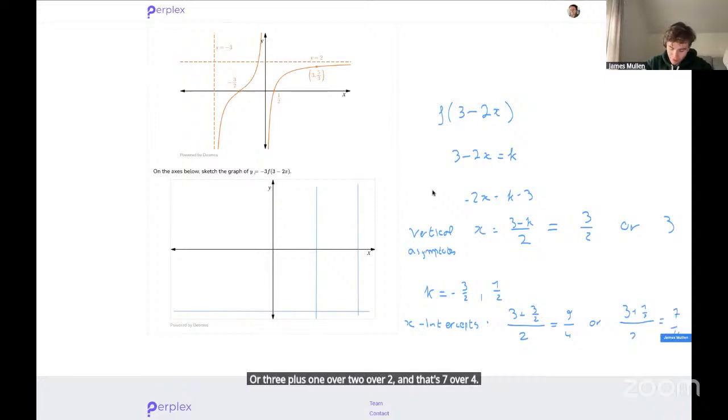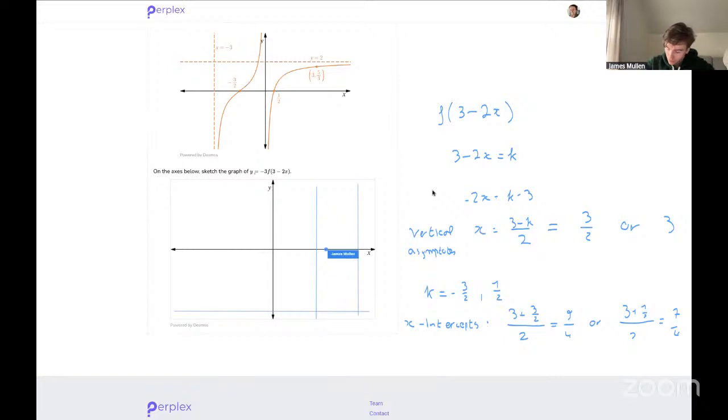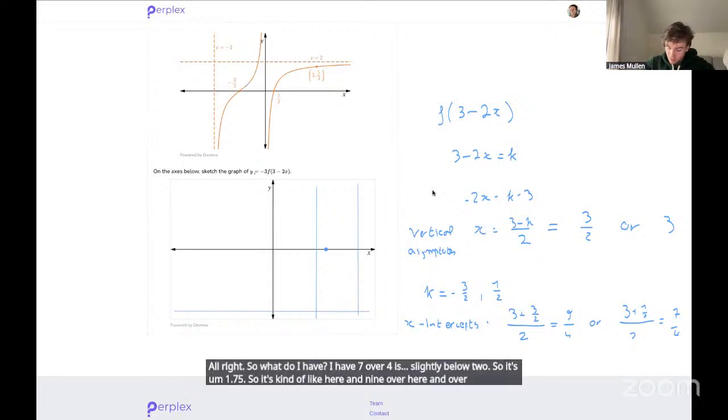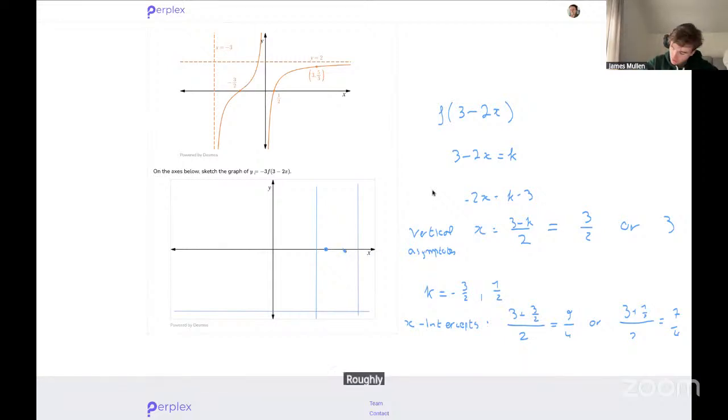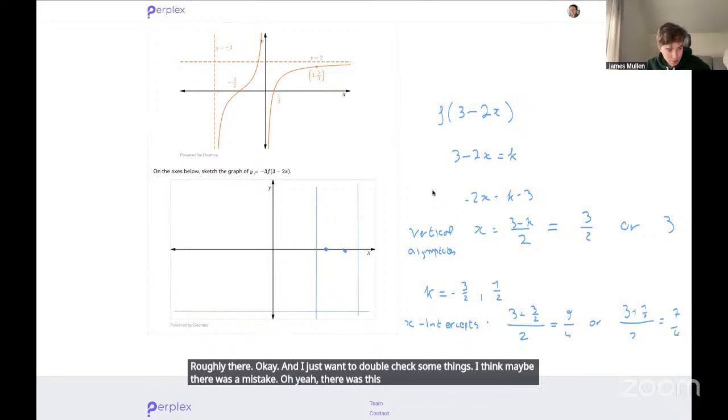All right, so what do I have? I have 7 over 4 is slightly below 2, so it's 1.75, so it's kind of like here. And 9 over 4 is 2.25, which we can say is somewhere roughly there. And I just want to double check something because I think maybe there was a mistake. Oh, yeah, there was. This one is supposed to be a minus.